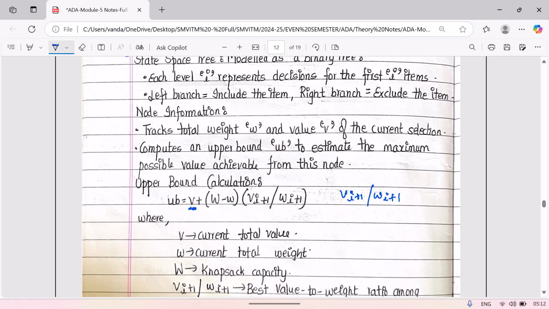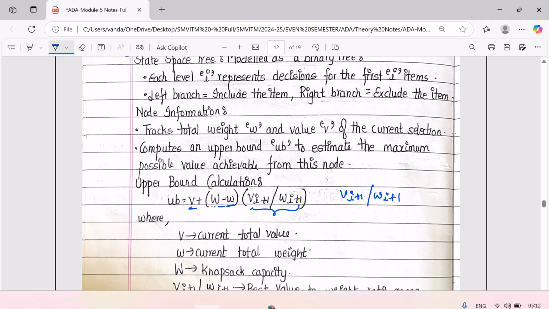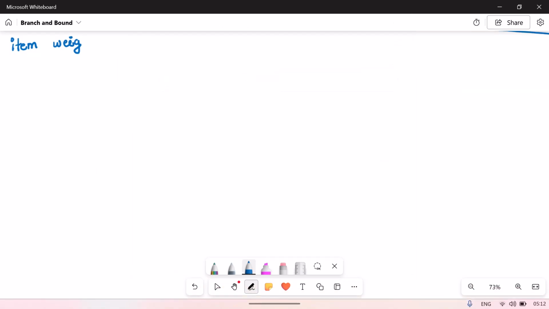For the current item, the ratio will be taken of the next item. Suppose you are considering the first item. If you're finding the upper bound for the first item, then the value over weight ratio will be considered for the second item and so on. If you're considering the fifth item, then the value over weight ratio will be considered for the sixth item. That is how the formula goes. I hope that you have understood.